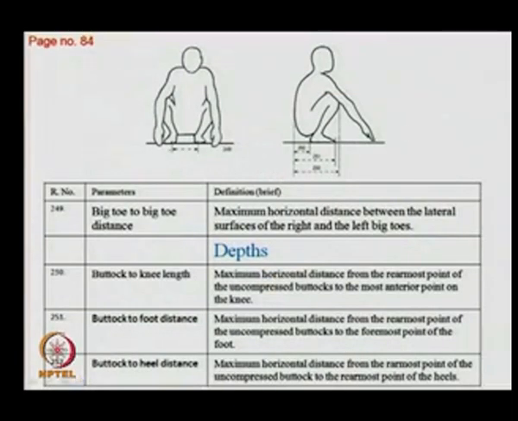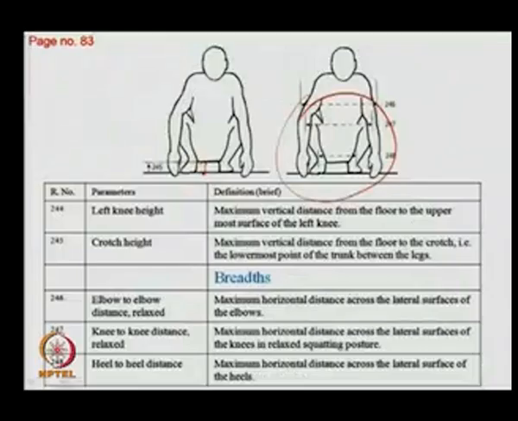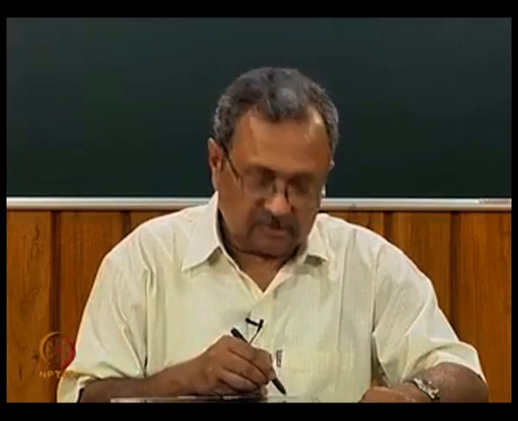Now, big toe to big toe distance and these different things, such as back to knee, back to toe, back to heel distances, and the total arm reach distances are also required to measure, and these are necessary in addition to these dimensions, just as an example, for the toilet area.